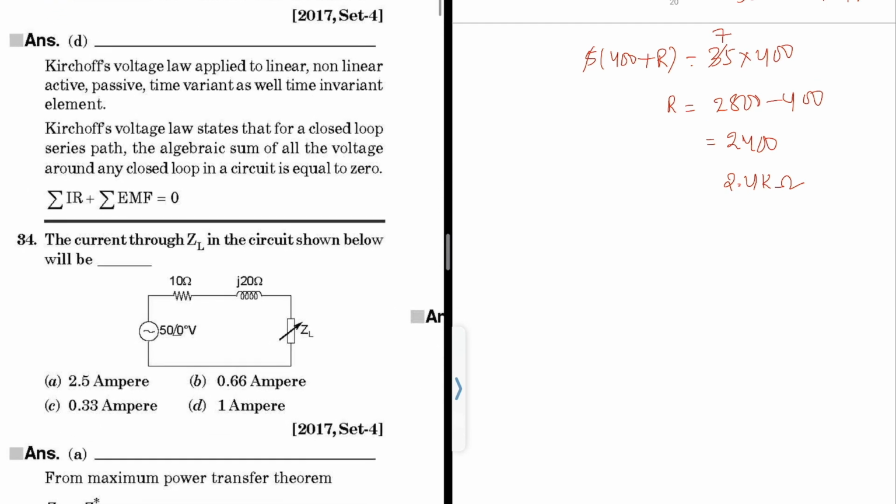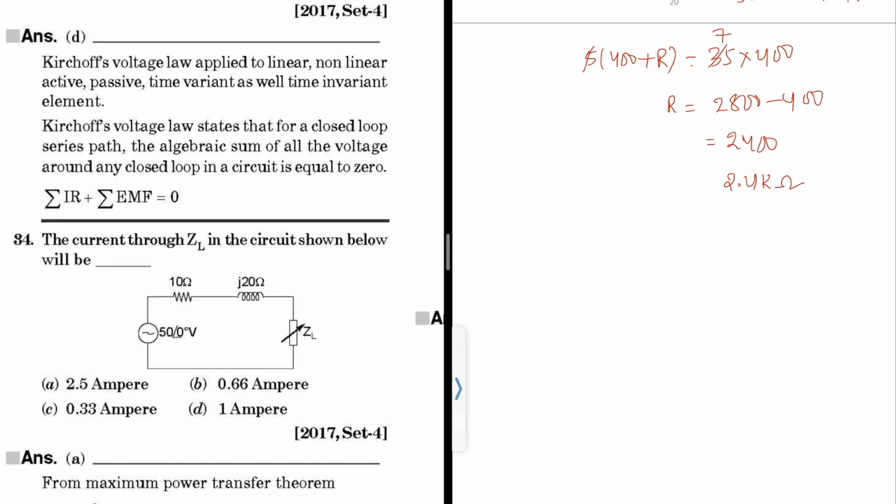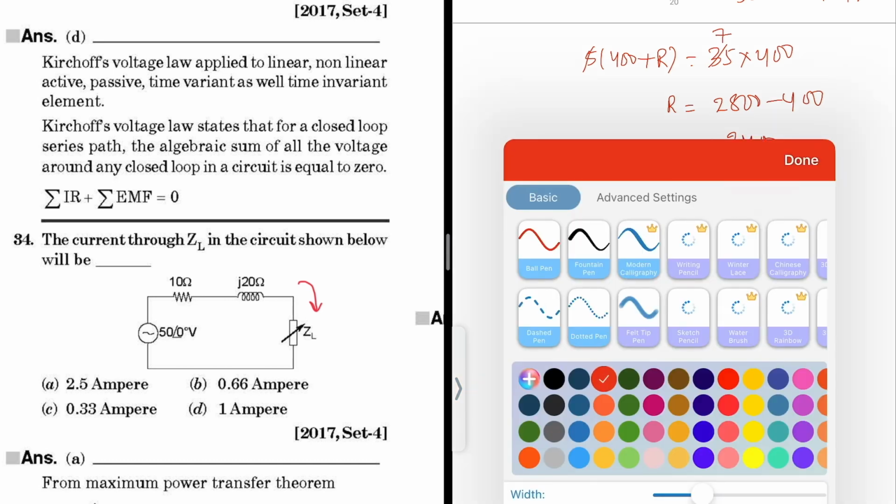Okay. So the current through ZL in the below circuit. So they asked the current through this. I think the question is wrong. I think it is the current through ZL when maximum power is transferred.